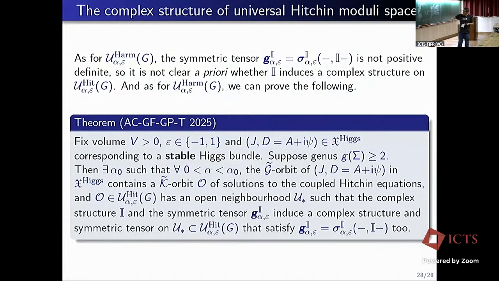And if you look at that orbit as a point in the universal Hitchin moduli space, then it has an open neighborhood on which the complex structure descends. And again, the symmetric tensor descends too, and we have the same identities.